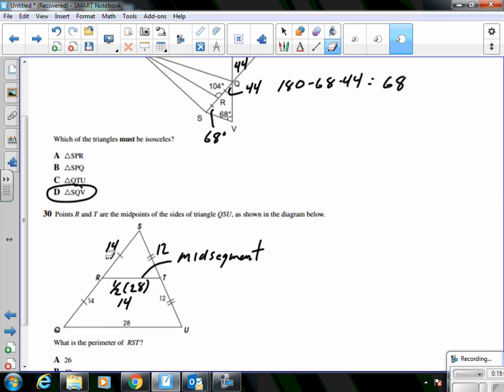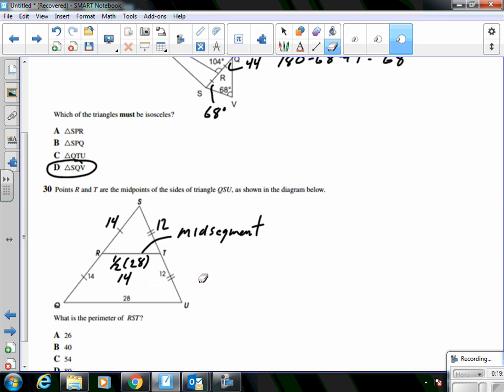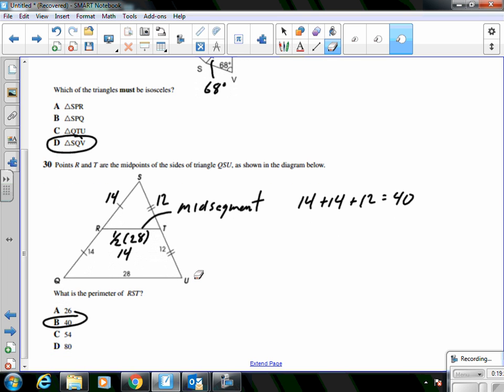And so now at this point we have the measures of all three sides. Finding the perimeter is just adding the three sides together. So 14 plus 14 plus 12 will be 28 plus 12, which is 40. So the answer is B. And that concludes this review.